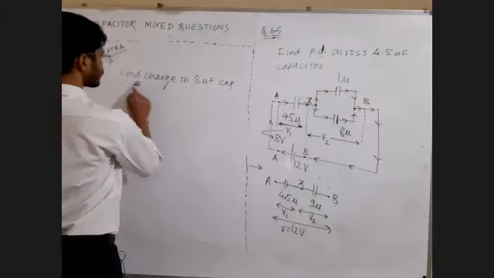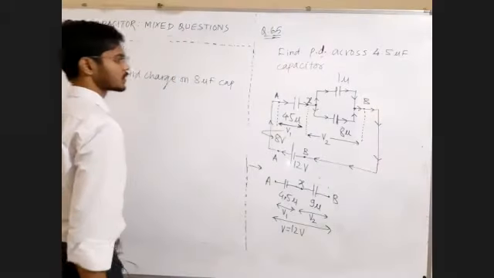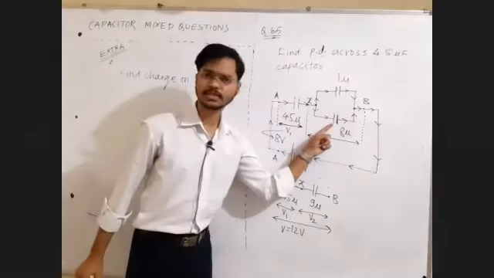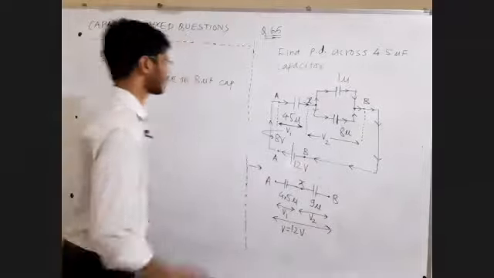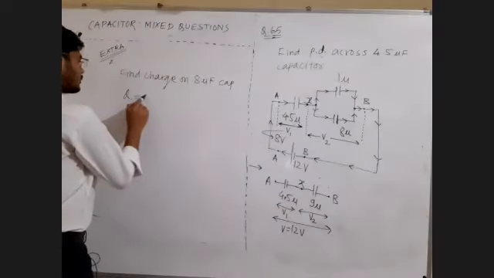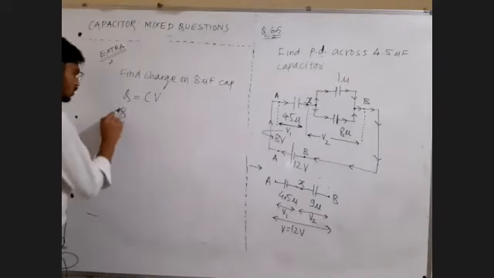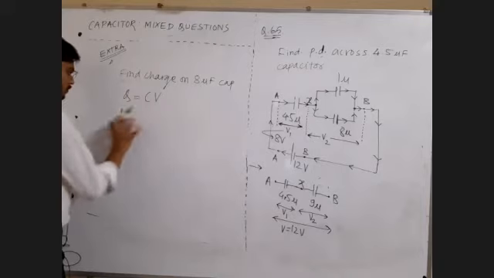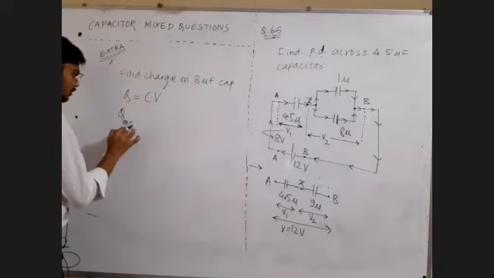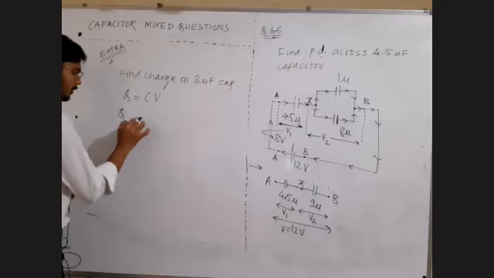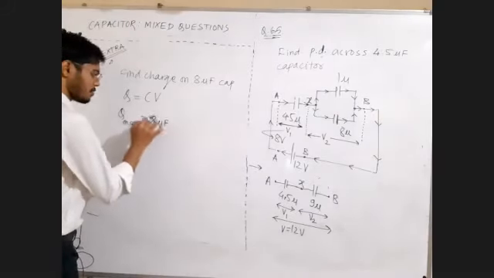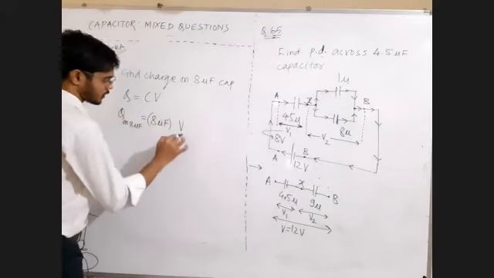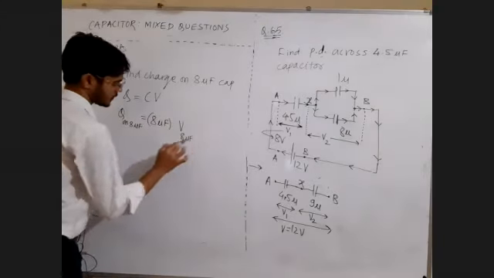So if you are asked to find out the charge on the 8 microfarad capacitor, I want the charge on this. I must know the potential difference across this. The rule is Q is equal to CV. So charge on 8 microfarad is equal to the capacity of 8 microfarad multiplied by the potential difference across that 8 microfarad capacitor, which is V2.